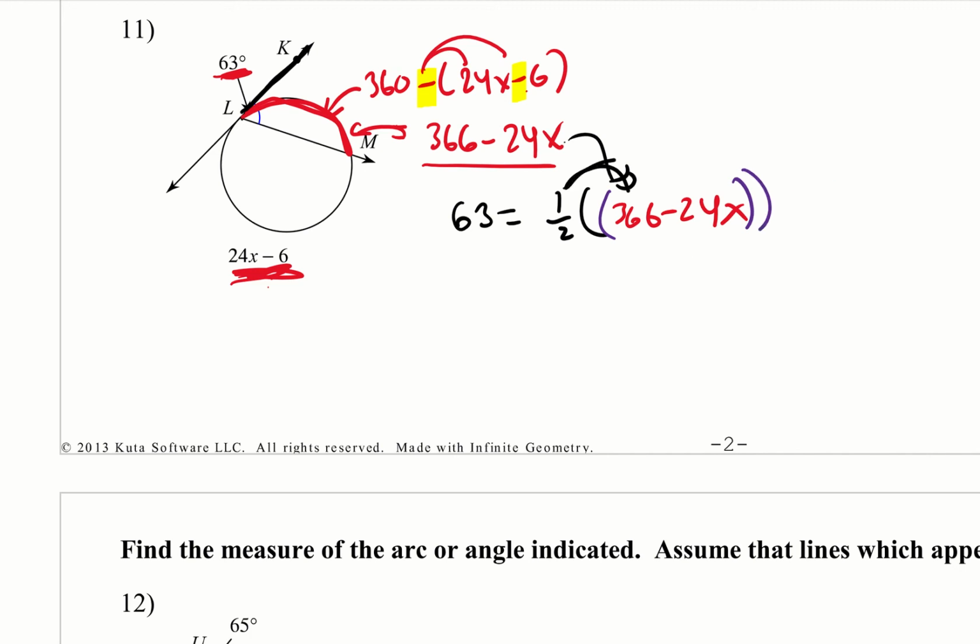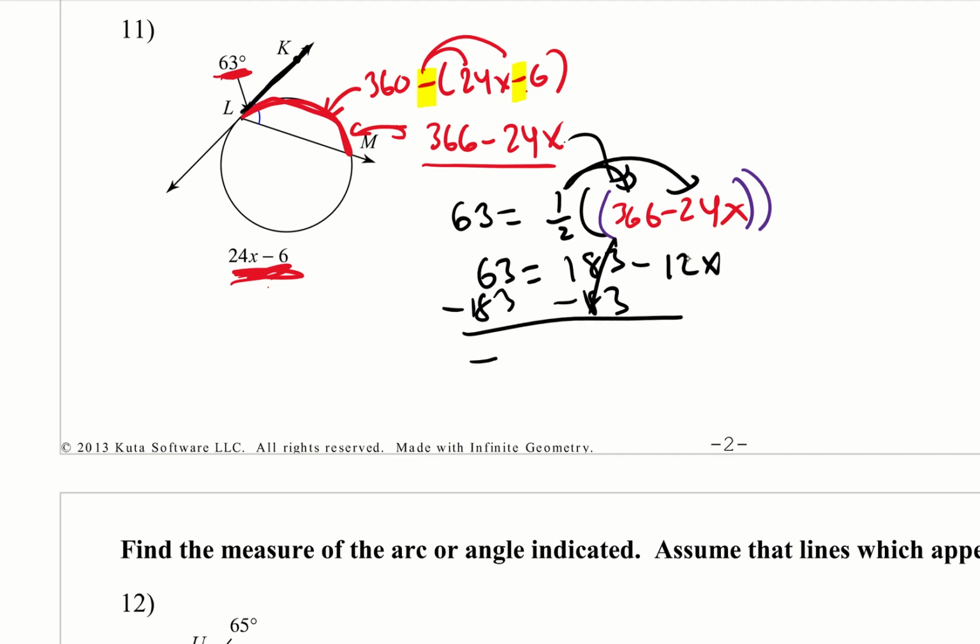So let's cut that in half. Half of 366, I want to say it's 183. Yep, should be 183. And then minus half of 24, and then we can subtract 183 on both sides.